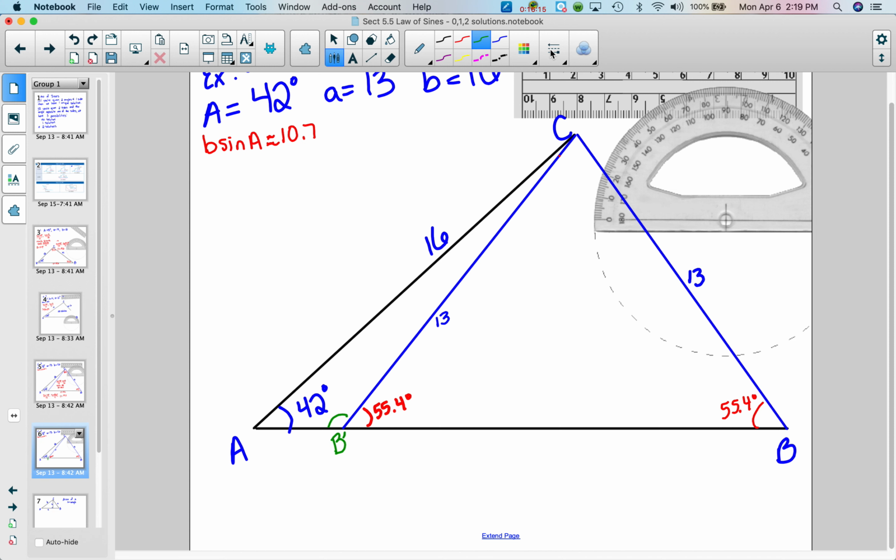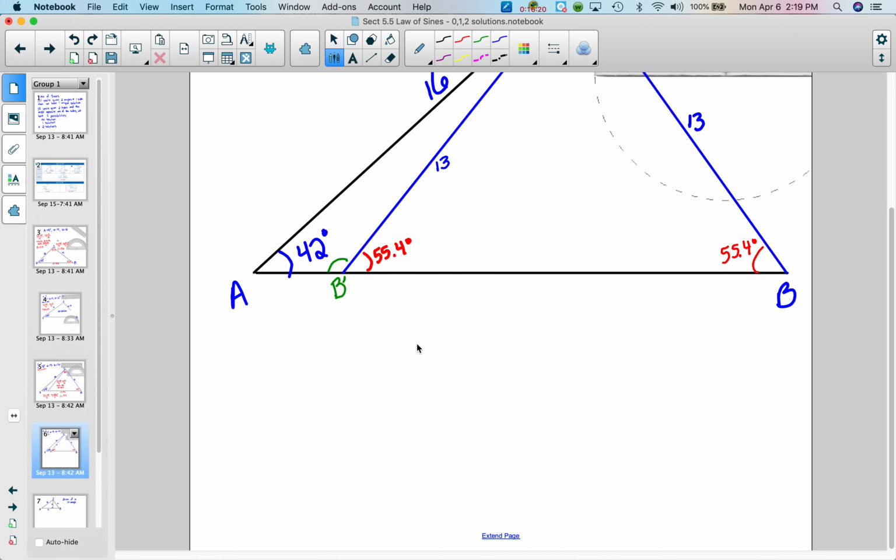So if I want to figure out this angle that I've called B prime, I'm going to take 180 minus this 55.4. So this is my starting point. For my second solution, this is the first thing I have to do.